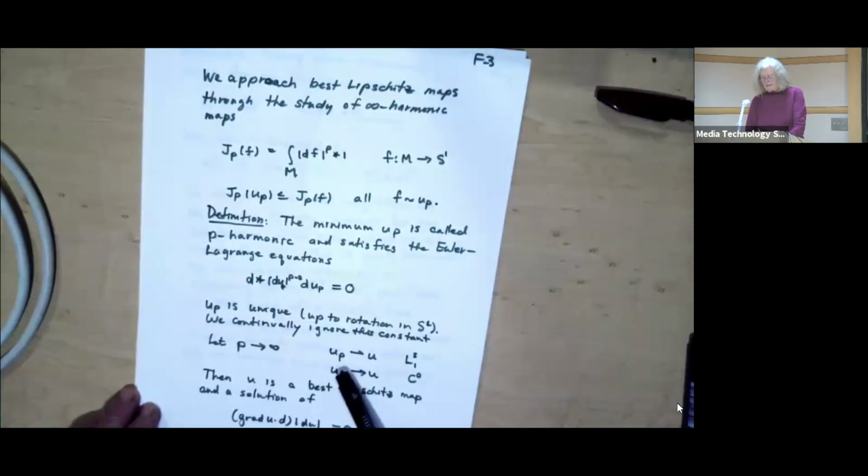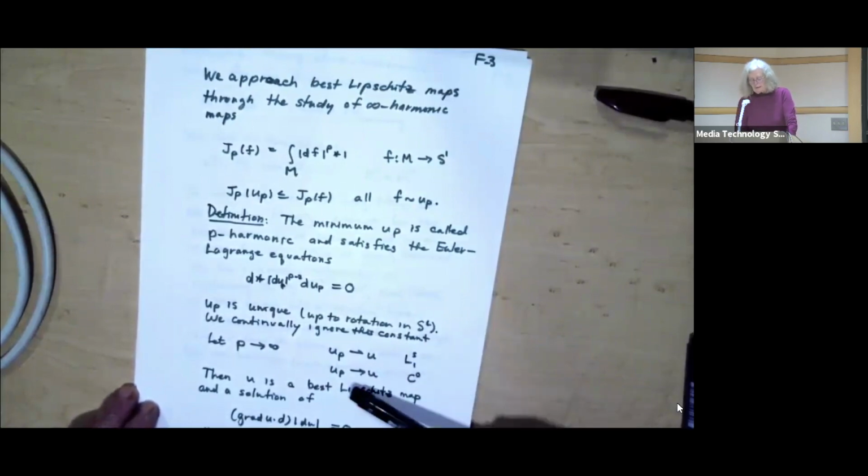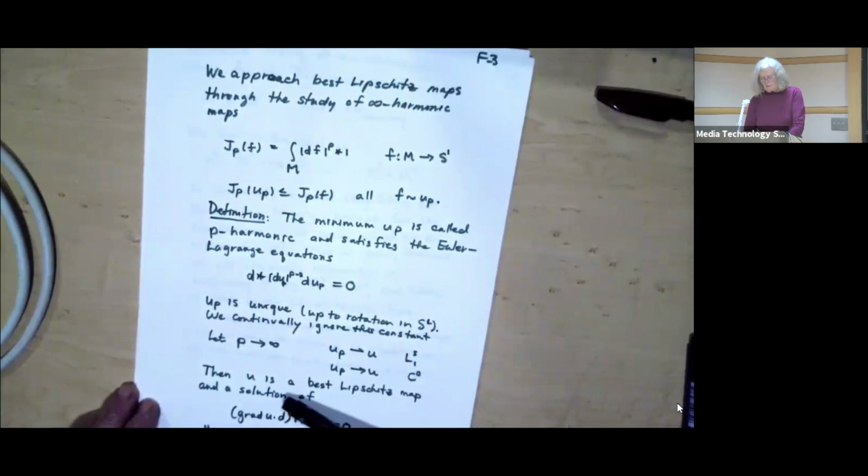In that case, we can take a weak closure and get U_p to converge weakly to a limit U, or a set of limits U, in the Sobolev space W^{1,s} for all s. But this means it's strong convergence in C0, which is basically what we use. Then U is a best Lipschitz map, and it's a viscosity solution.